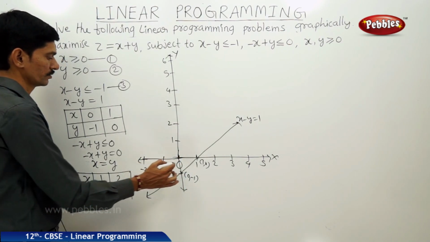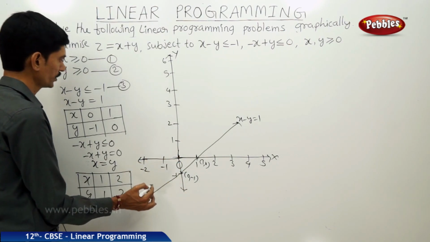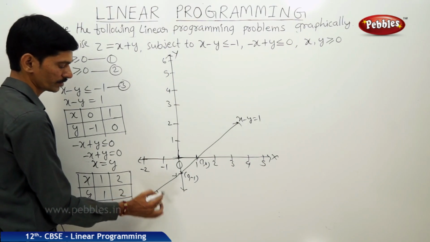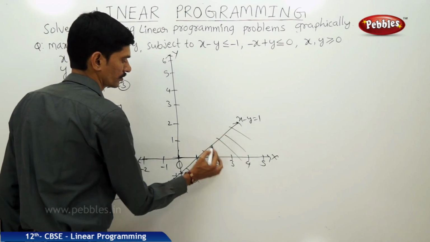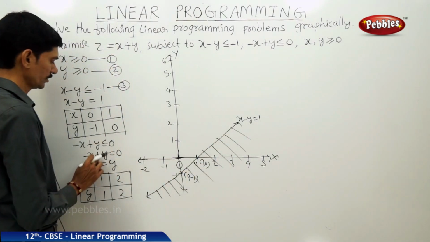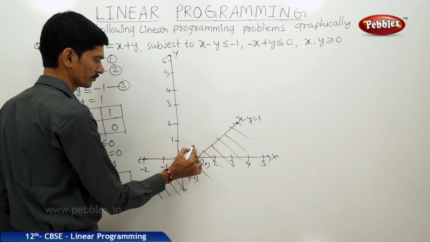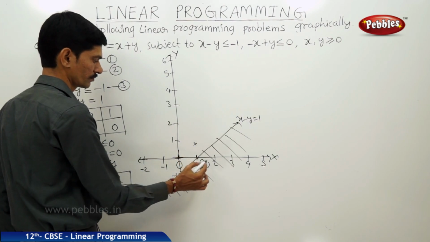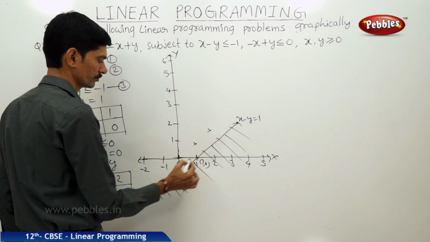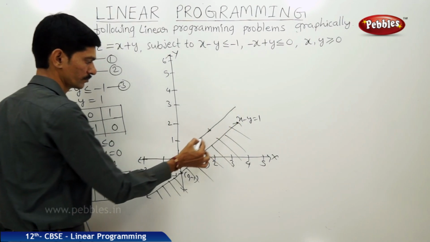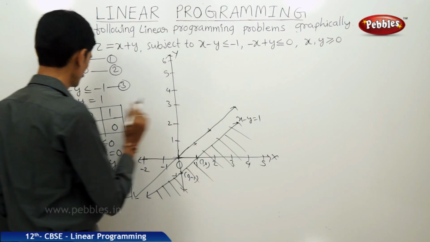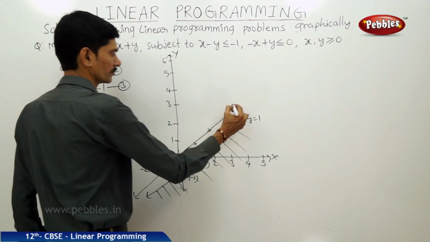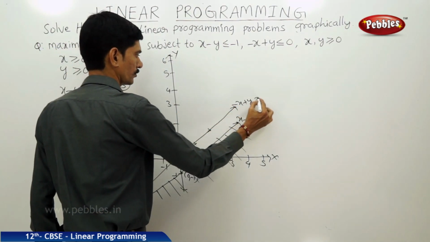Next, this should be shaded away from the origin, so this side. And the next one is 1 comma 1, 2 comma 2, 0 comma 0. So this is minus x plus y equal to 0.